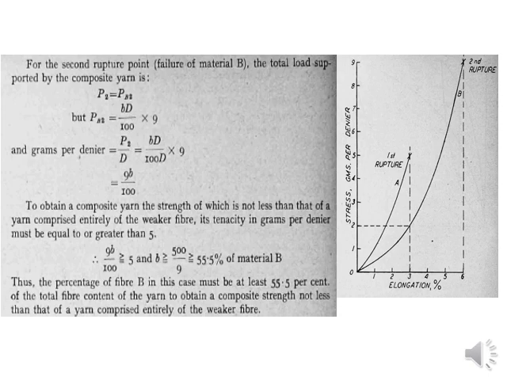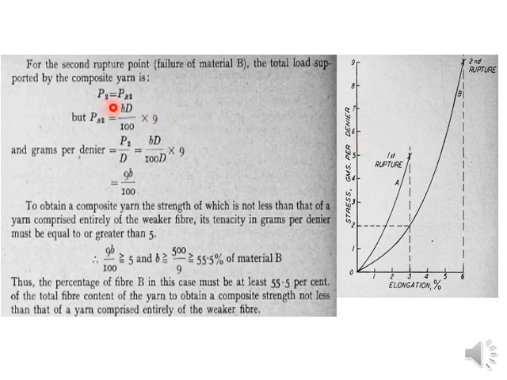Now again we are going to calculate the tenacity of the yarn, or the stress on the yarn, at rupture point 2. For the second rupture point, the total load supported by the composite yarn we assume as P2, as earlier we had assumed P1.